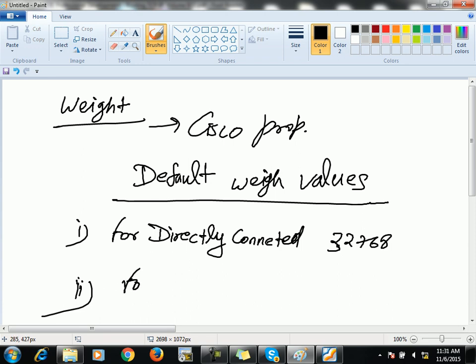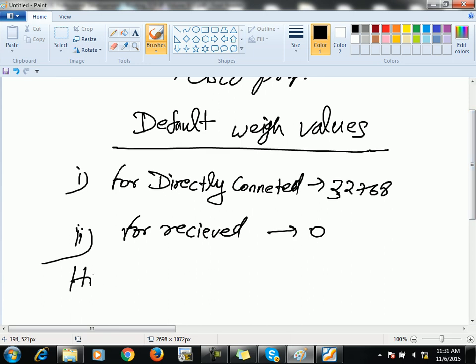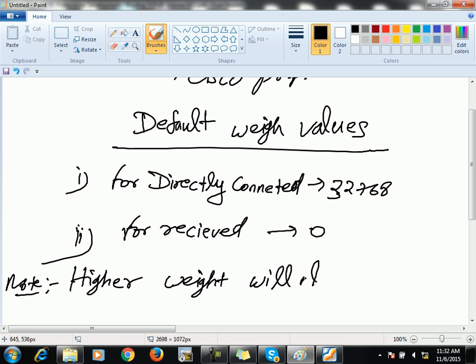For received prefixes, whether they are received from IBGP or EBGP doesn't matter, it will be 0. Higher weight will always be preferred.